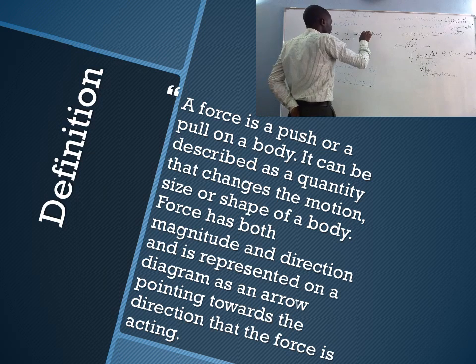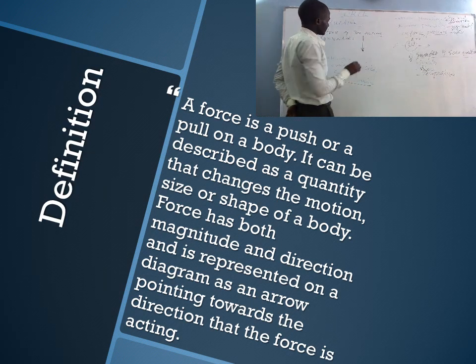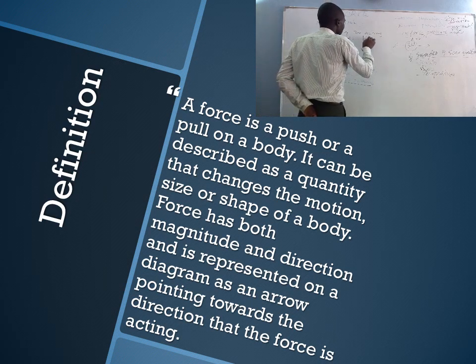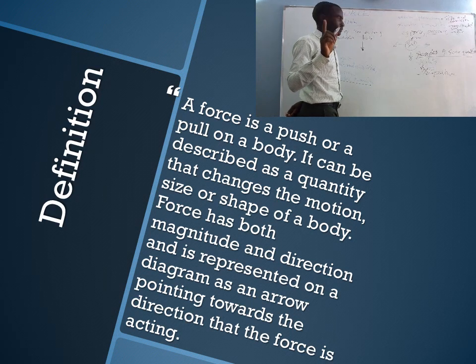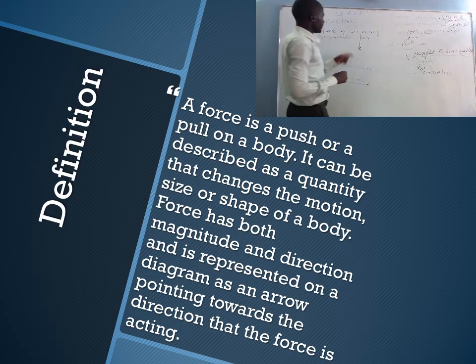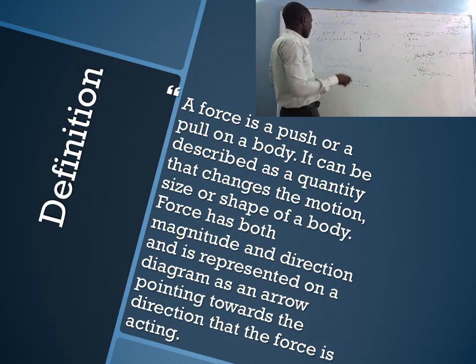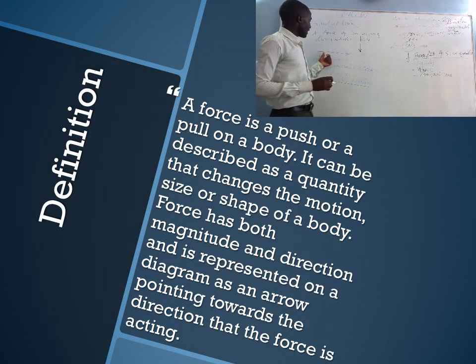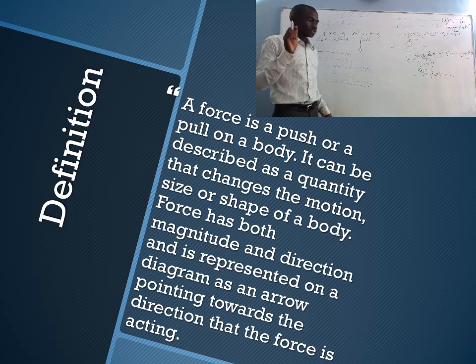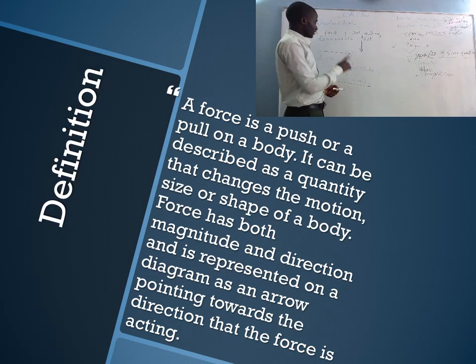The arrow tells us the direction in which the force is acting, and the unit, 3 newtons, is the magnitude of that particular force. So generally, a force is represented in a diagram with an arrow. The tip of the arrow shows us the direction in which the force is acting.